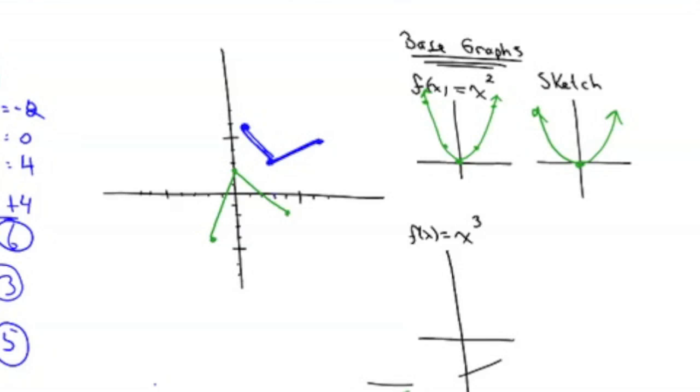It's a little taller. If x is equal to 0, y is equal to 0. If x is equal to 1, y is equal to 1. If x is equal to 2, y is equal to 8, goes way up here. If x is equal to -1, -1 comes down here.